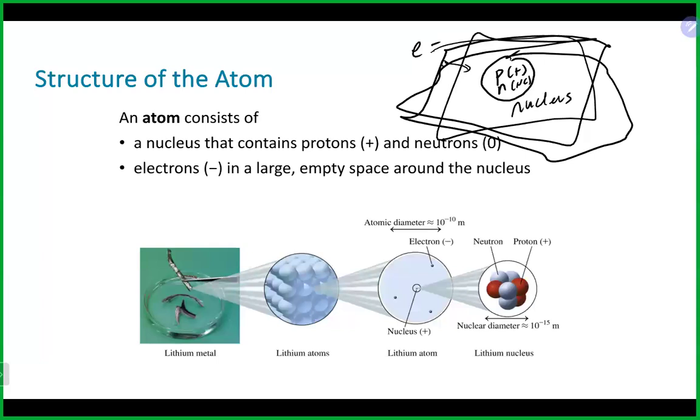Clearly, the highest probability of finding an electron, again not really knowing how it's traveling, should be near the nucleus with that positive charge, right? There should be a pretty high probability of negatively charged electrons in that area. As you move away from the nucleus, the probability gets lower. Doesn't mean you can't find electrons further away from the nucleus. It just means there's probably a lower probability of finding it. Any questions on that?